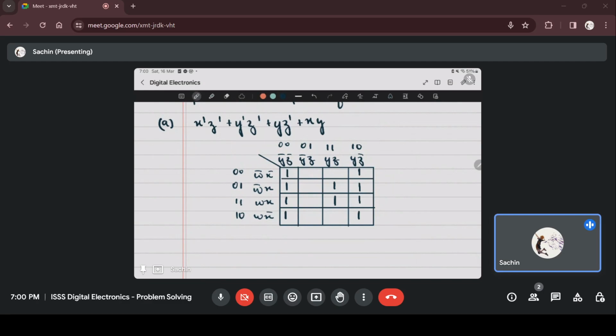So for the sum of products form, we will form an octet and a quad.